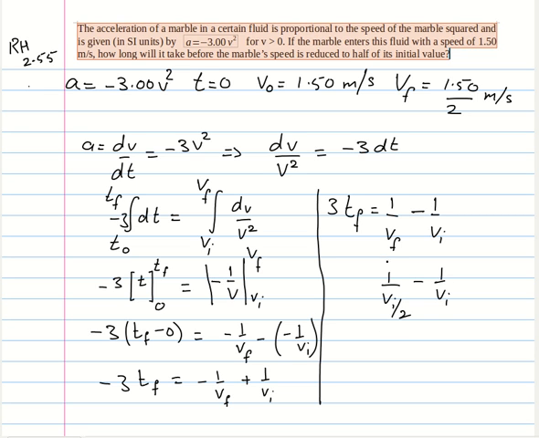So this 2 goes over here and we get tf equal to 2 by vi minus 1 by vi, multiplied by 1 by 3, which is equal to 1 by 3 into 1 by vi.